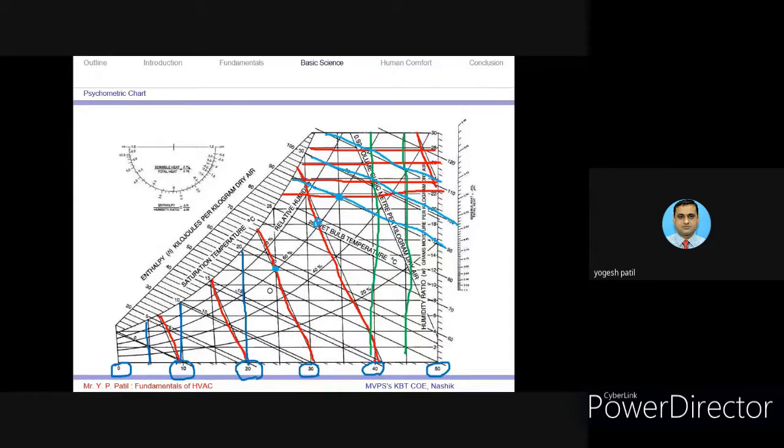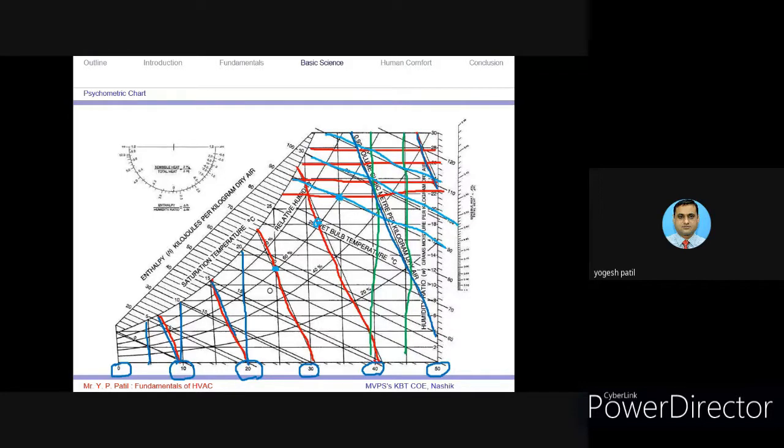Now there are two types of possibilities of these inclined lines. You can see carefully this particular line, this one, here is also one, this particular line, and lastly here.